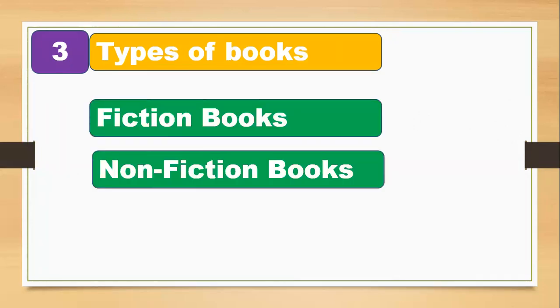So there are two kinds of books. The first you can see is fiction books, and the second is non-fiction books. So here are the two kinds of books: fiction books, non-fiction books.